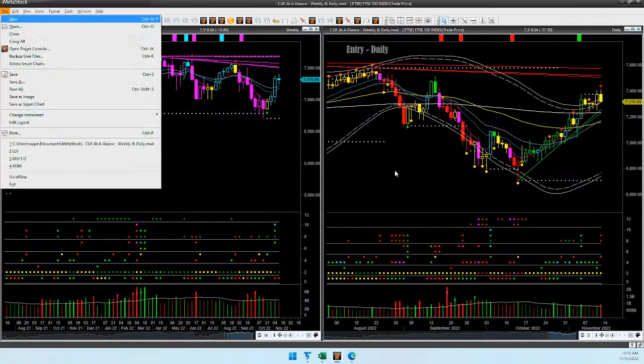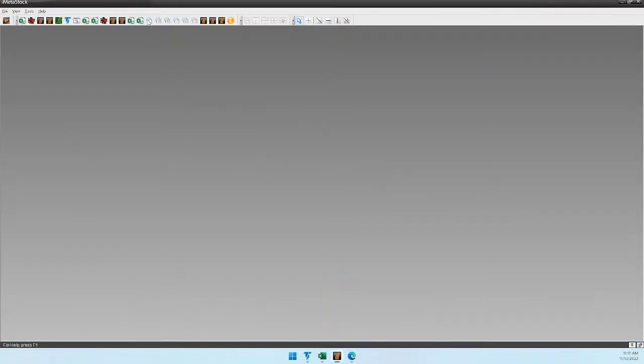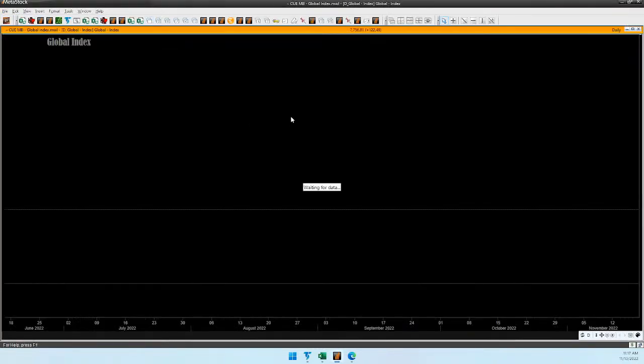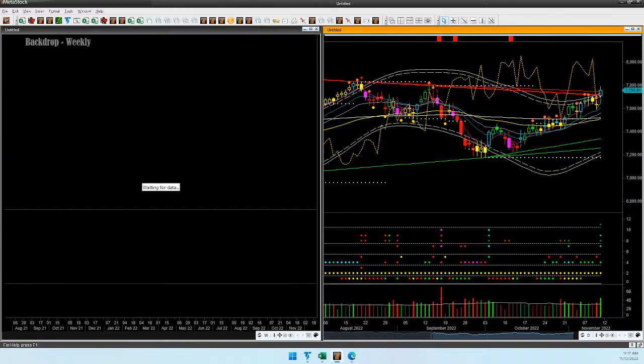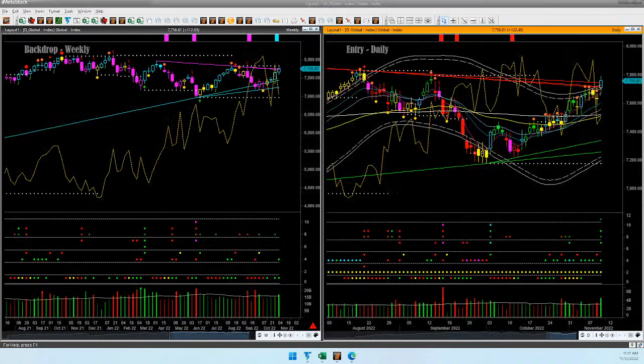Let's look at the global market. Mixed picture. If we want to know the state of the global index, let's look at it using weekly and daily. In weekly, it is trying to break out of the resistance, and so is true for the daily.